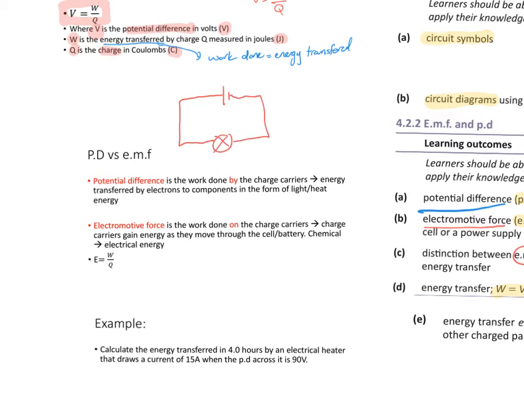So if I draw a circuit, actually, we might make it a bit easier to explain. In this case, the EMF is what the battery or cell or a power supply will have if there was no current flowing through the supply, meaning it will be the maximum possible potential difference across the supply.